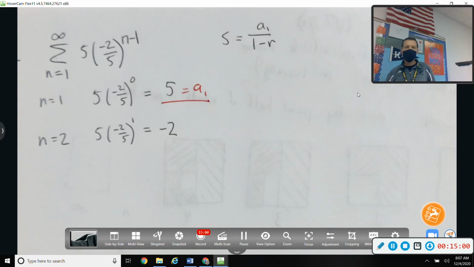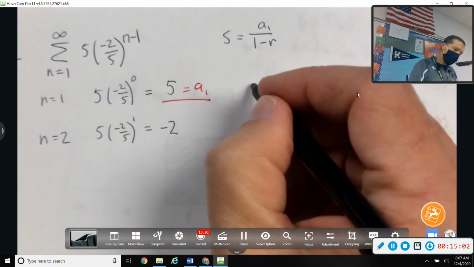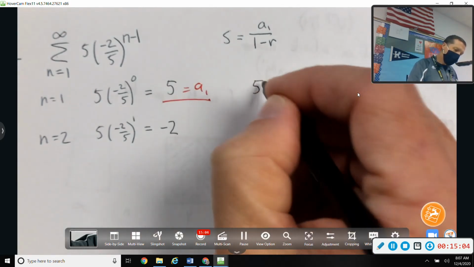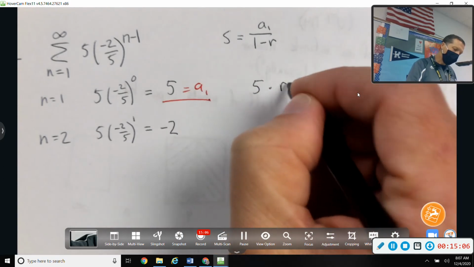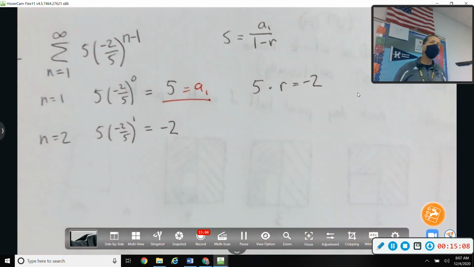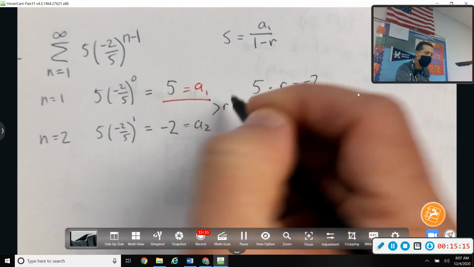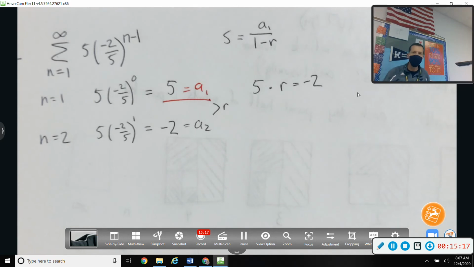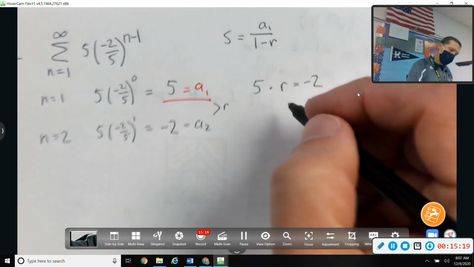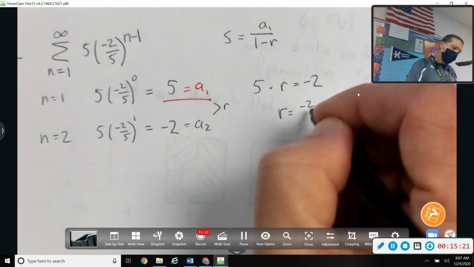Now I need to find r. But I know that 5 times r would get me a2, right? To get from the first term to the second term, I multiply by r. So 5 times r would land me at -2. So r equals -2/5.